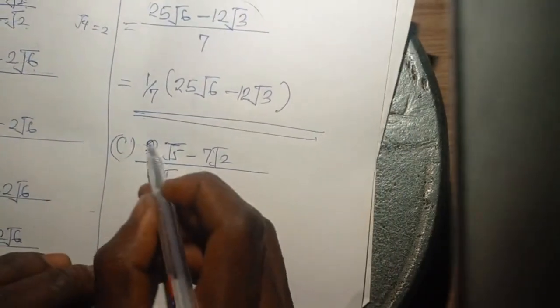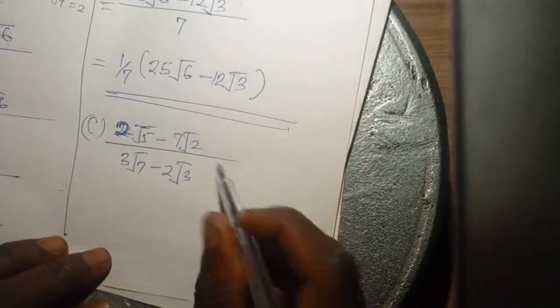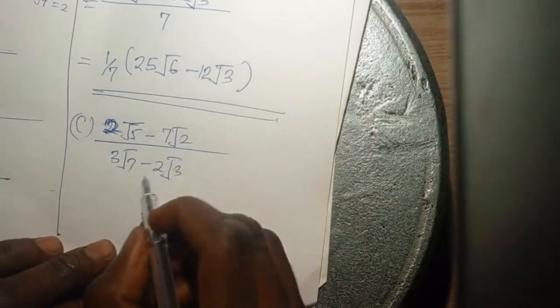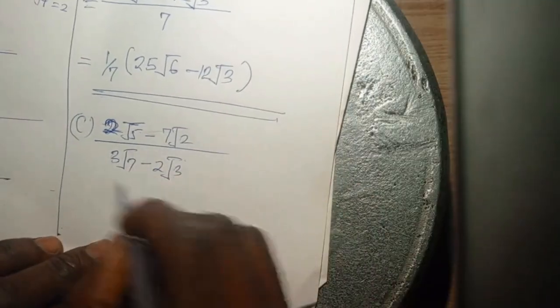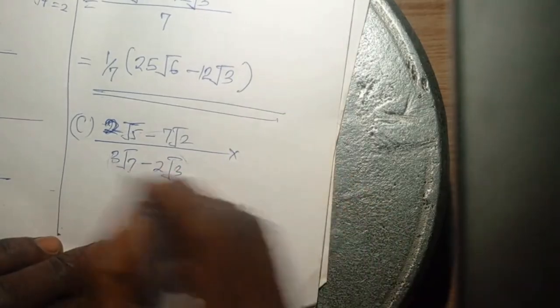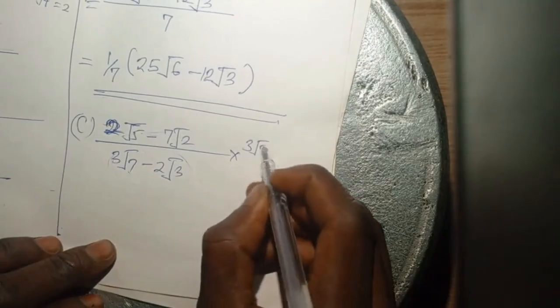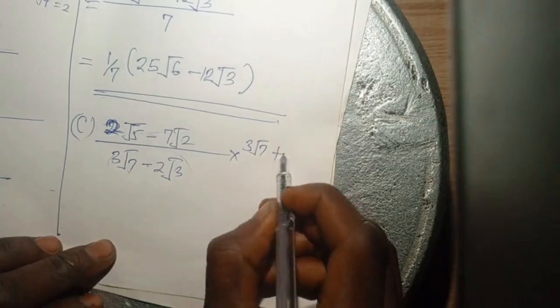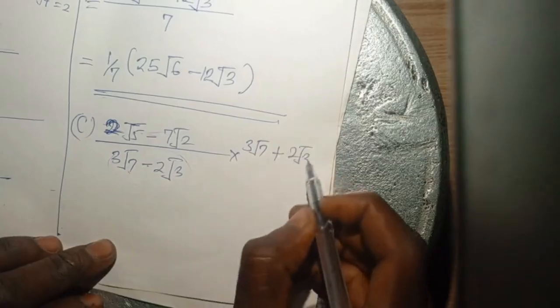Now, in order not to waste time, just multiply this by its conjugate, rationalize. By rationalizing, we have times, copy this, 3 root 7. Instead we write minus, this time we write plus 2 root 3, right?